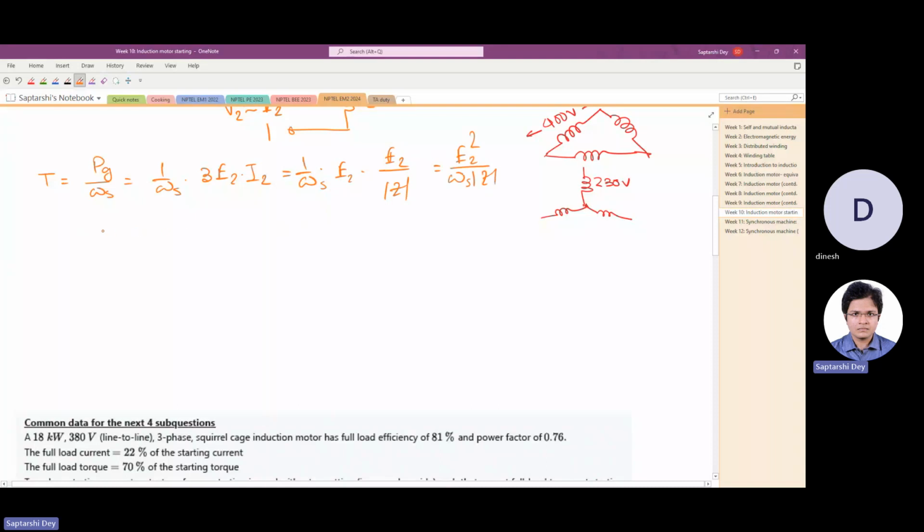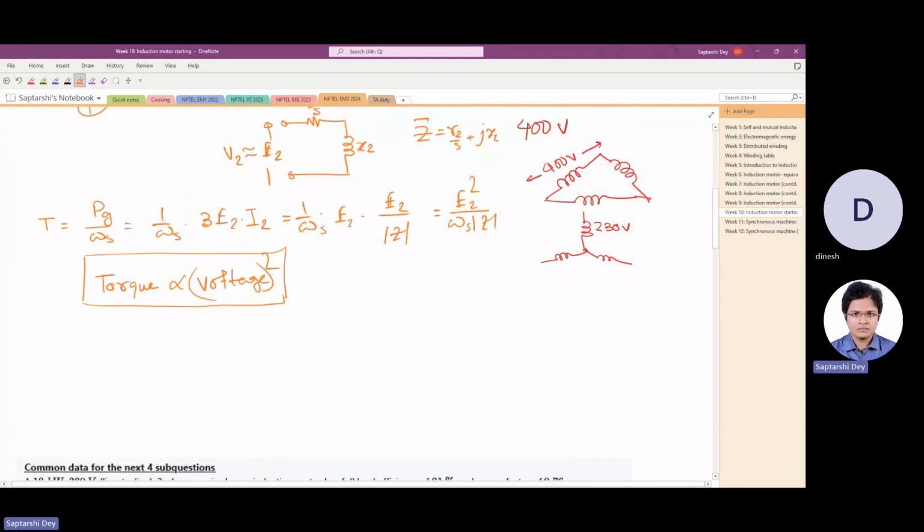So what we are getting is, for the induction motor, one thing you must notice here: torque at a given slip is proportional to voltage squared. Because I have taken Z as a constant, and Z as a constant means slip is constant.